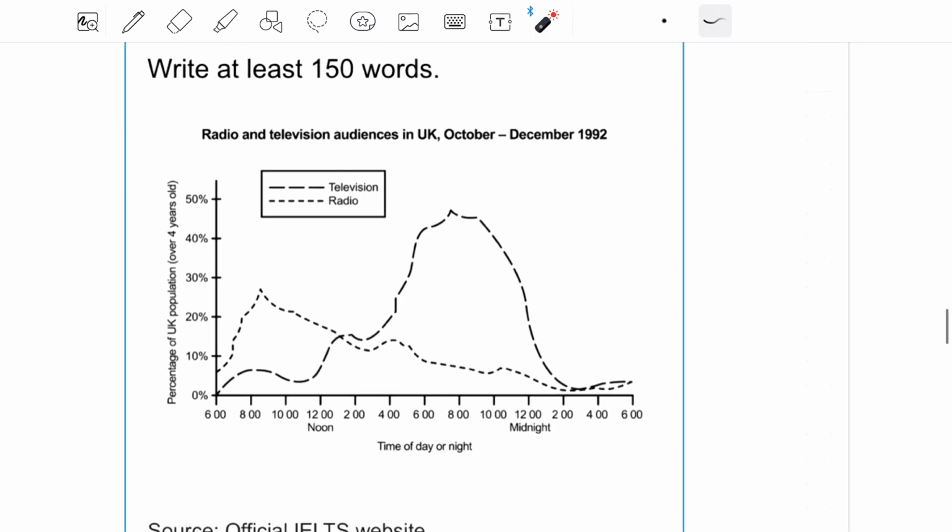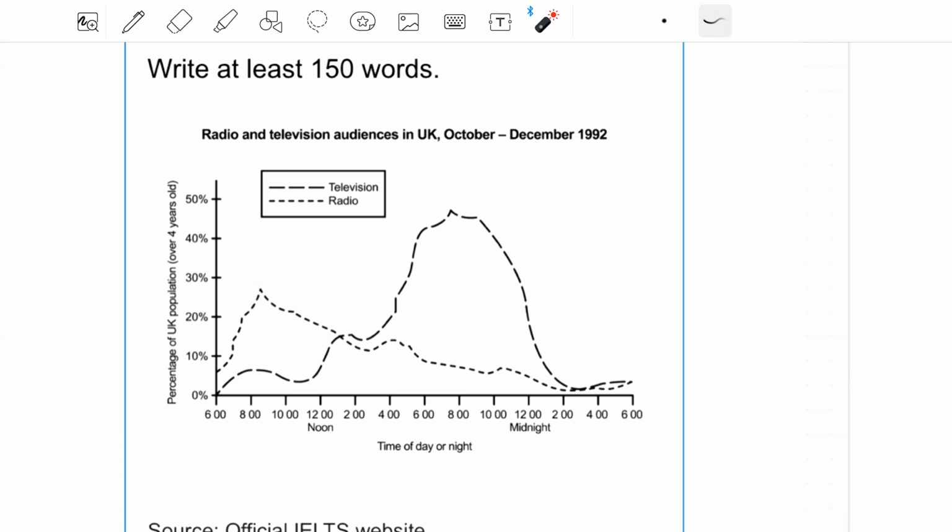If we look at the question closely, we can see that when it comes to people listening to radio, the number was almost about 7 to 8% in the early part of the day, around 6 a.m. But then the number of people listening to radio dramatically climbed, and the number went up to almost about 25%.